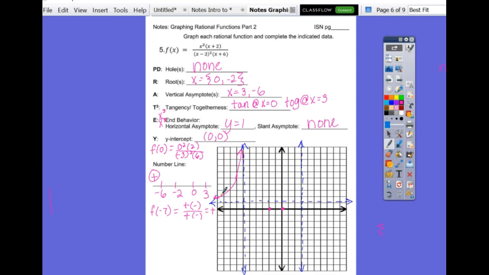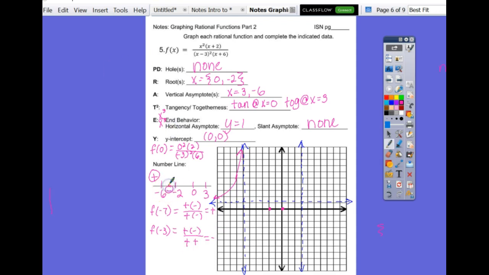Okay. So next, between -6 and -2, I have to go ahead and test. If I pick -3, I have -3 squared is positive, -3 plus 2 is negative, -3 minus 3 is negative, but squared is positive, and then -3 plus 6 is positive, so this ends up being negative.